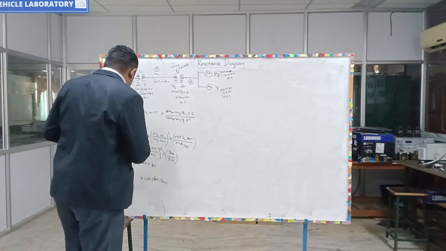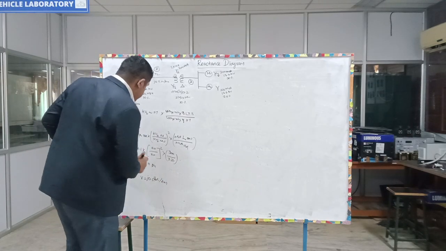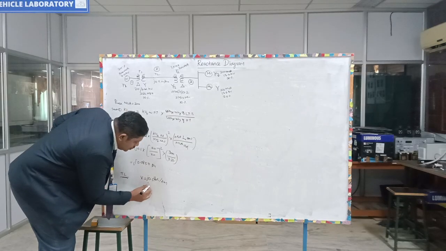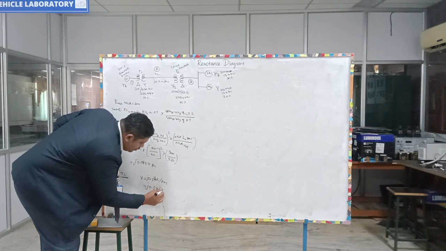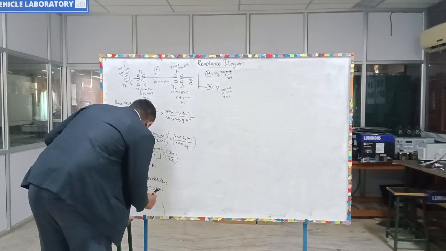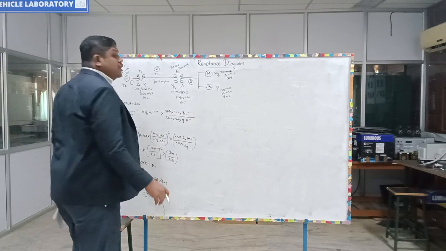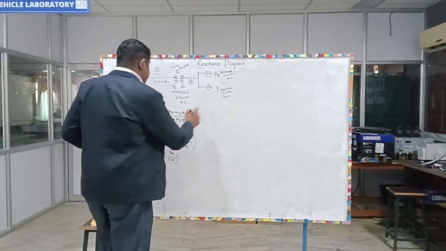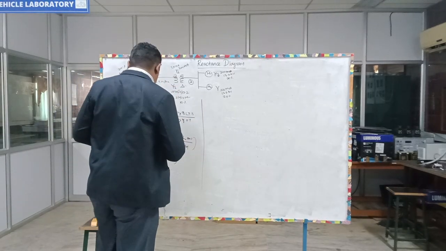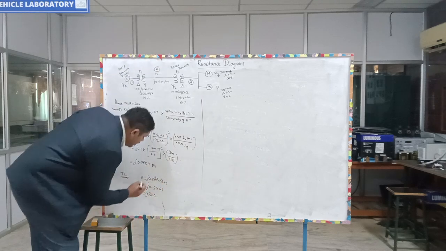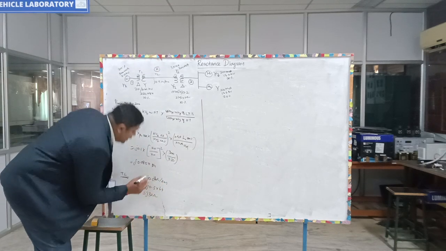If it is given for the whole length, the line length is 64 kilometers, so 0.5 into 64 gives you J32 ohms. So that is your total actual reactance for the line.